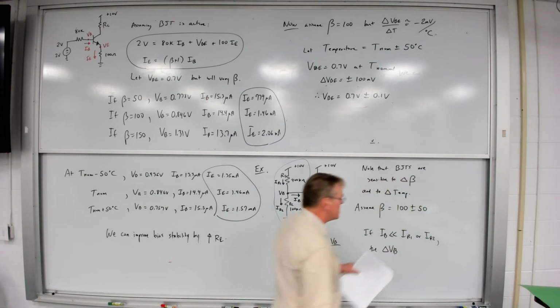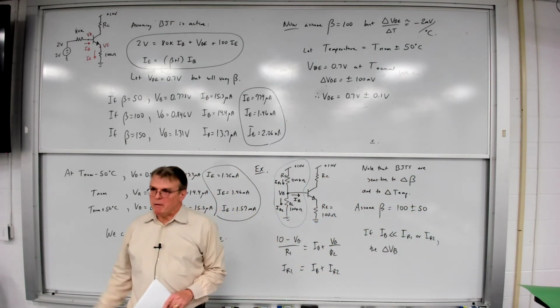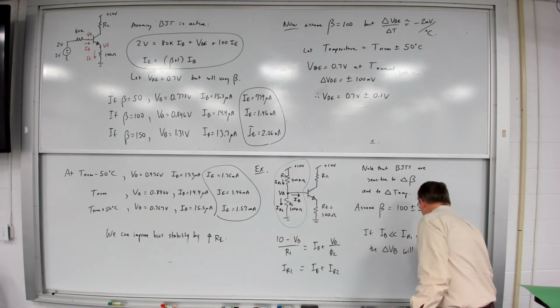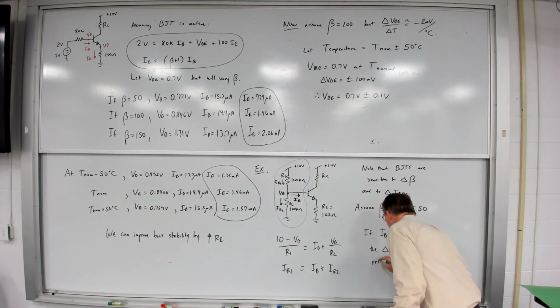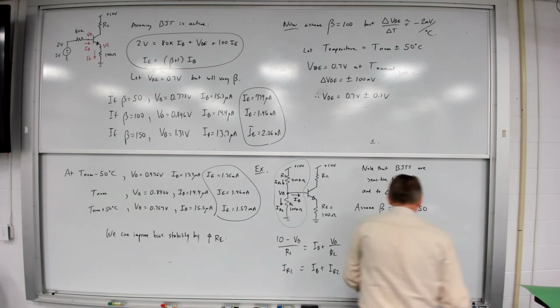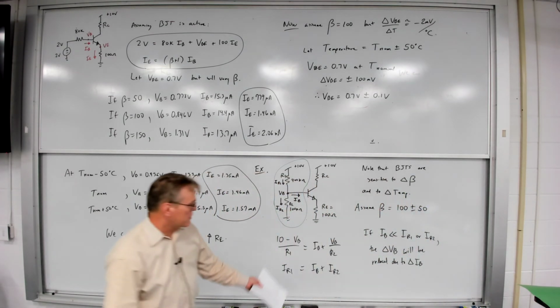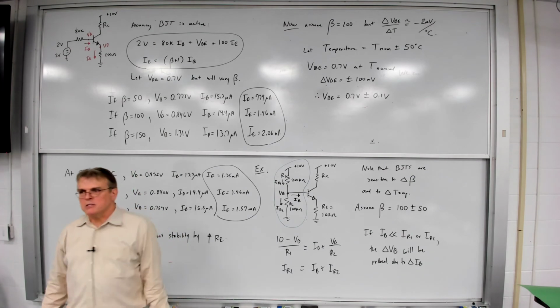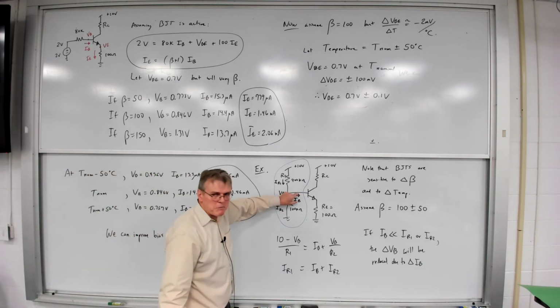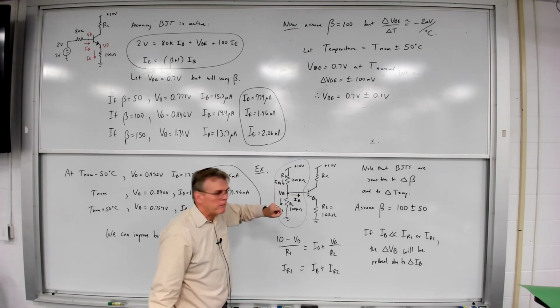Then changes in the base voltage will be small, will be reduced. So if I change the base voltage, then delta VB is going to be small. Effectively, I'm simply making this a negligible amount of error.